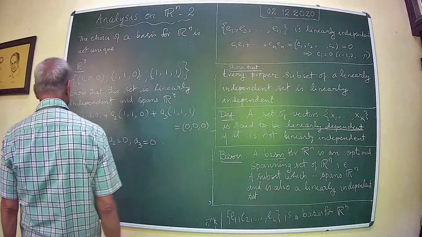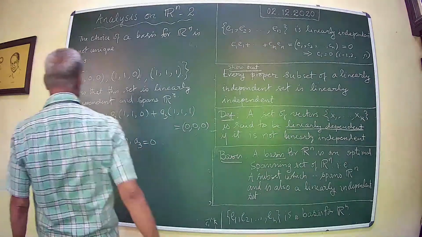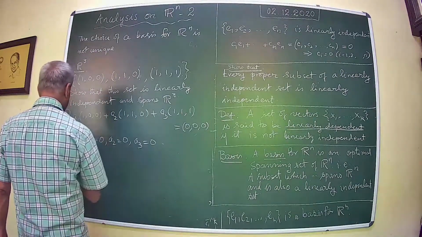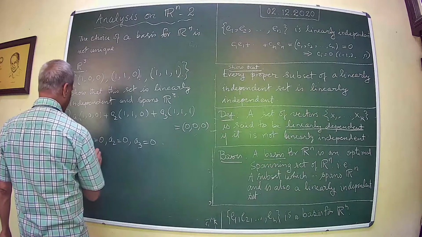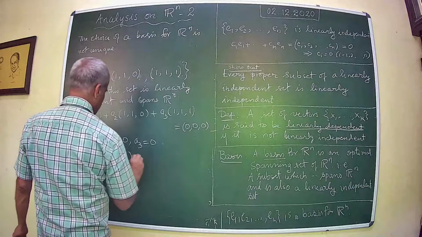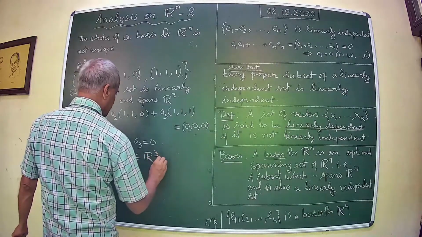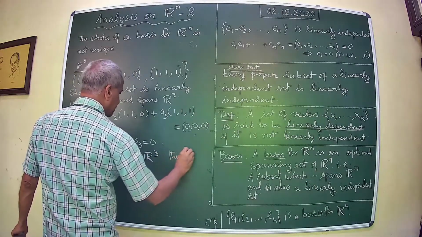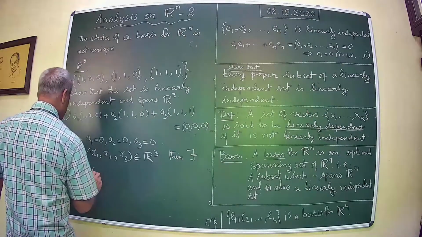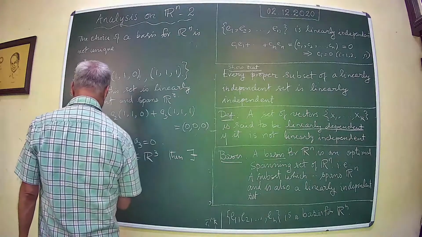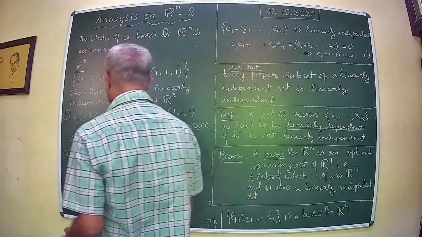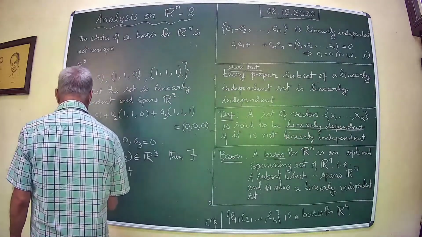This is the first part. The second part that you have to prove is this. If x1, x2, x3 is a given vector, then you express it as c1, c2, c3 combination.